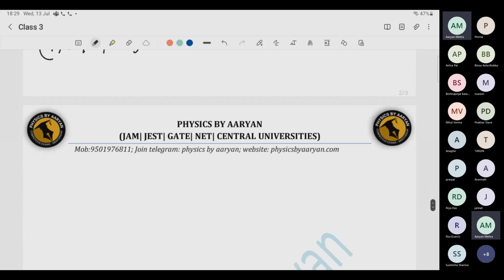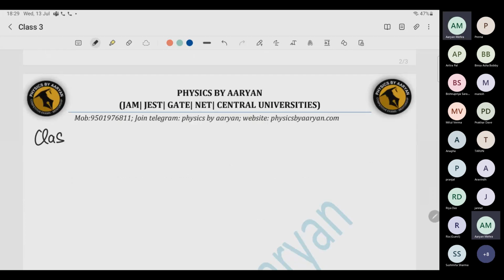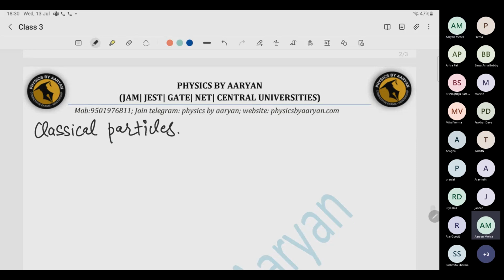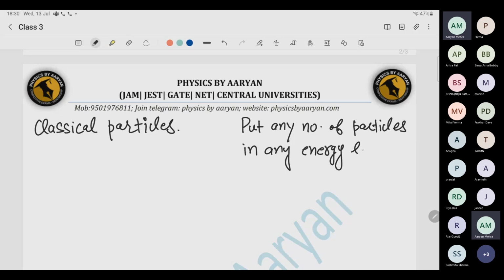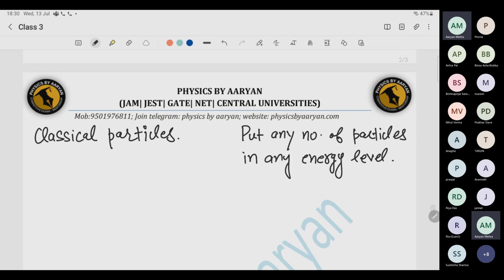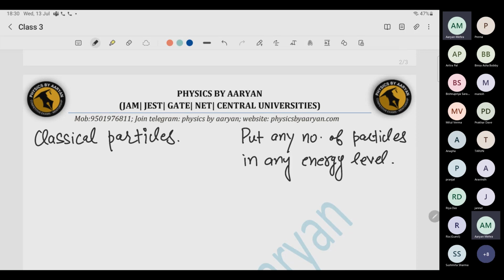The third kind of particles is classical particles. If it is mentioned that the particles are classical particles, then also you can put any number of particles in any energy level. Now the question also comes in one more way, that is indistinguishable particles and distinguishable particles.